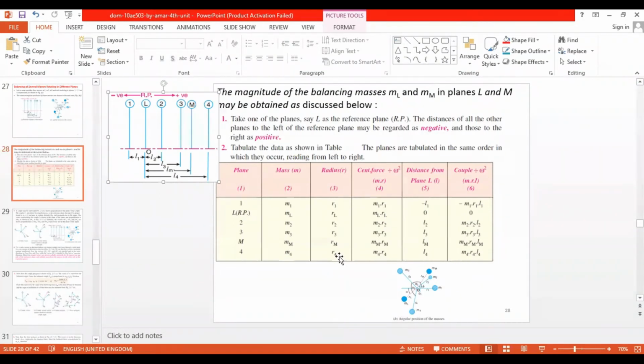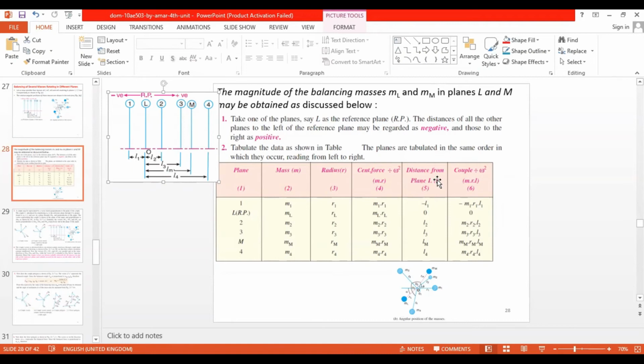Now we will multiply m and r, which is a kind of finding the force, as you did in the last numerical. We can leave out omega squared and go with m and r only because that's easy to calculate. So you need to multiply them: m1 r1, ml rl, m2 r2, like this.